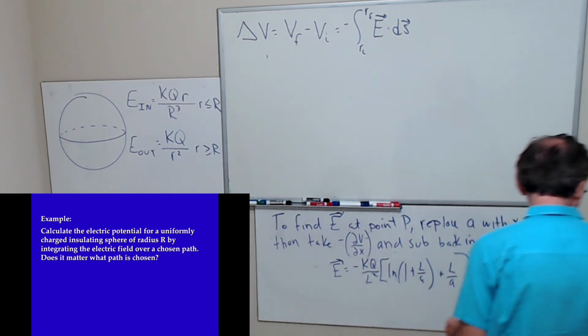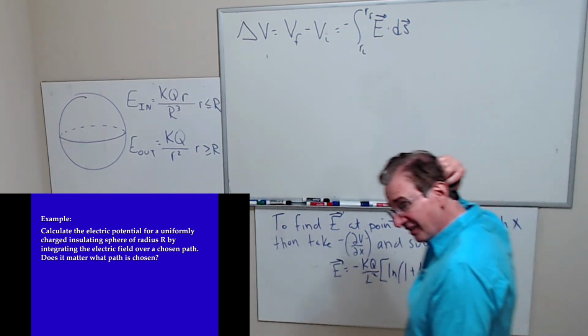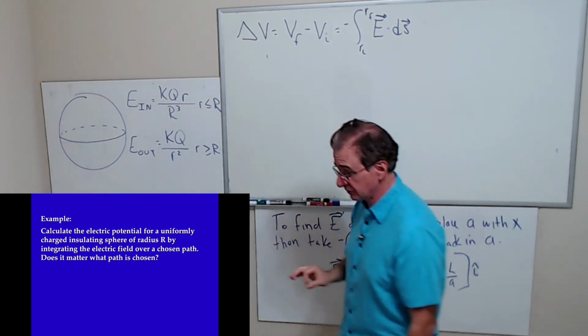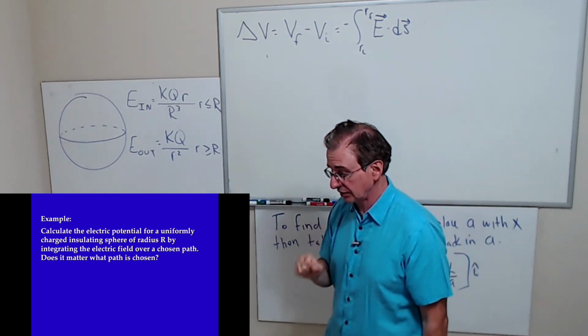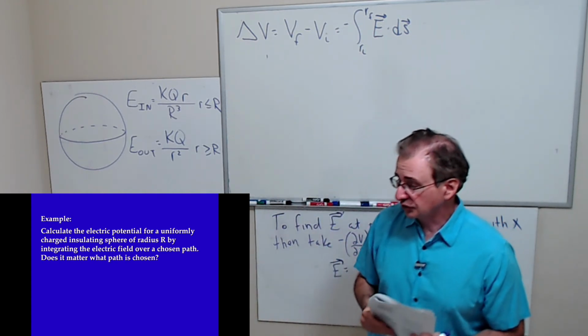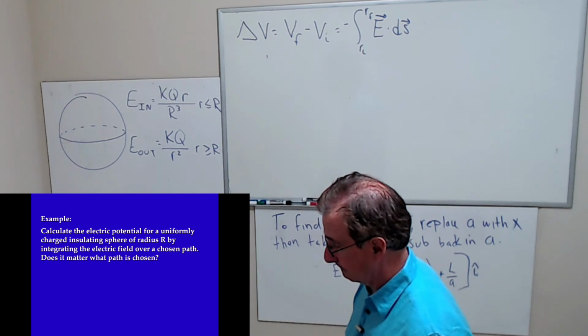Otherwise, I'm screwed. Okay? In order for me to find V as a function of position, I need to know the electric potential at some point. Well, this is a sphere. This charge distribution is finite in size.